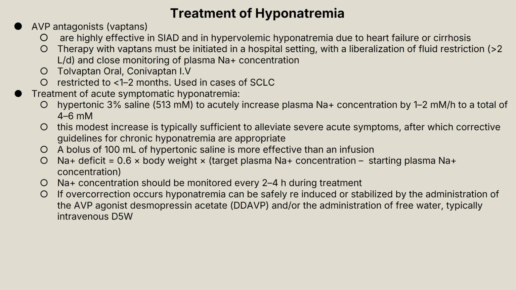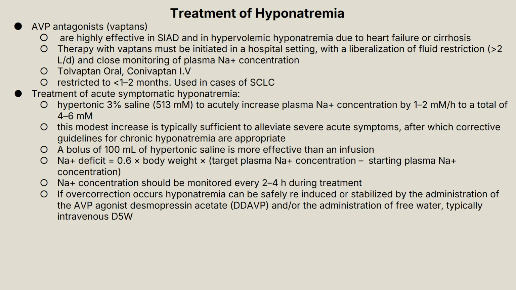Sodium deficit equation. Sodium deficit is calculated by multiplying 0.6 of body weight by the target plasma sodium concentration minus the starting plasma sodium concentration. Simply put, because 60% of the body weight is fluid, we are just multiplying by the deficit in concentration. Let's say our starting sodium is 125, and our target plasma sodium concentration is 135.